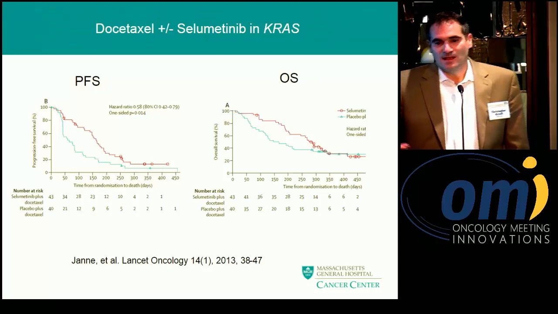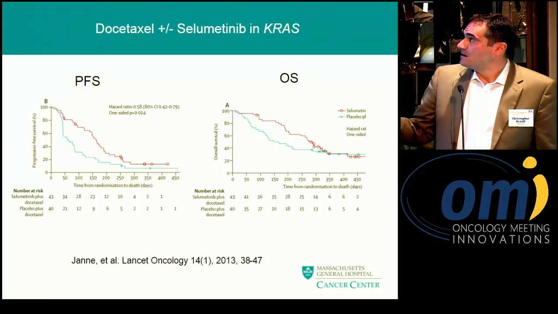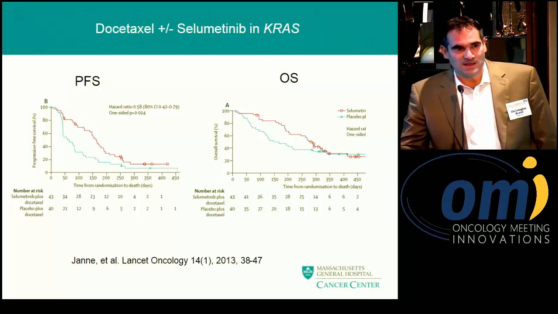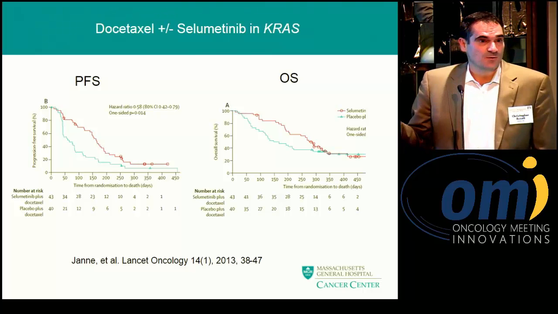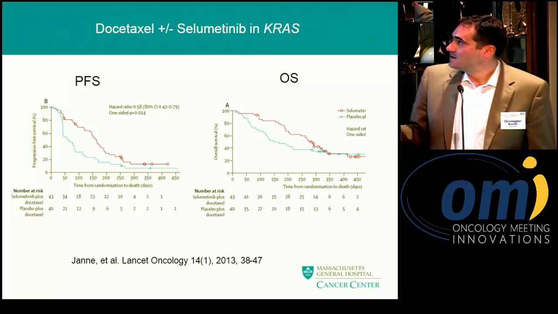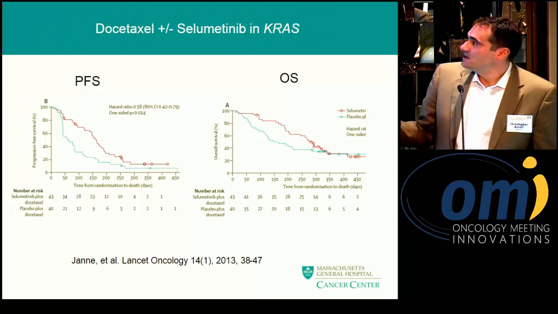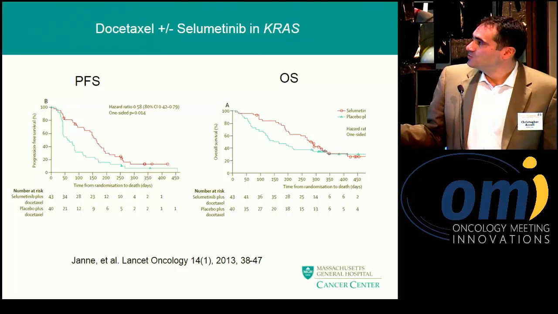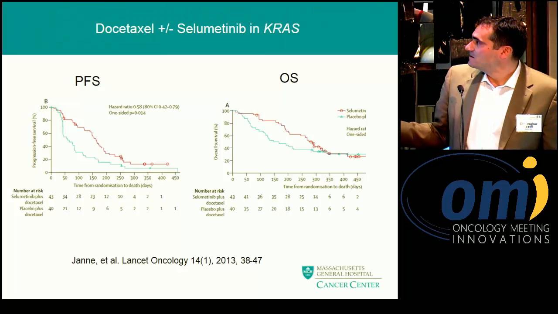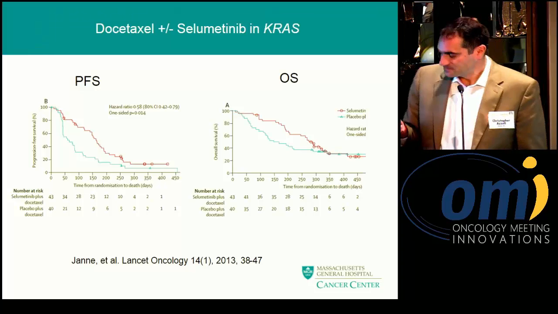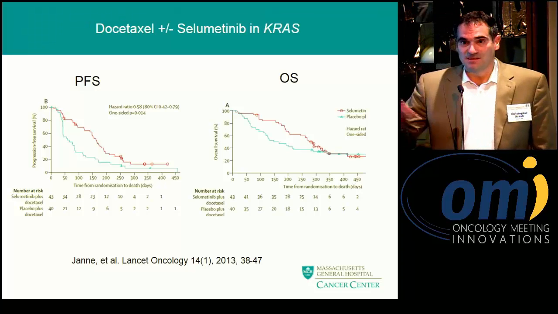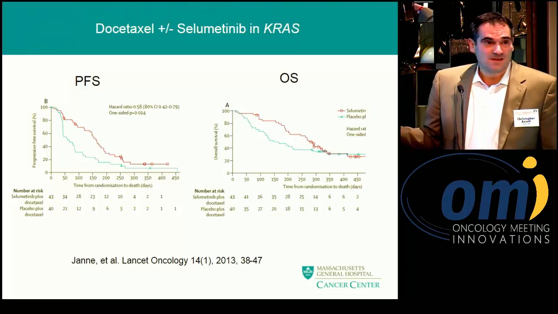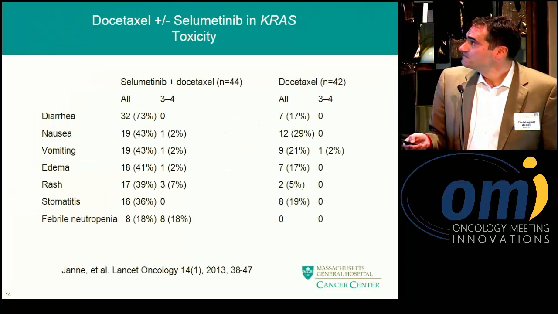And then if you block the KRAS path with a MEK inhibitor, you downregulate BCL-XL, and then the docetaxel works better. And so in a randomized phase 2 study, you see the addition of selumetinib to second-line docetaxel improved PFS, and the trend for OS was favorable. And so it's a good phase 3 concept, and the SELECT-1 trial just completed accrual, so we'll see whether this pans out in phase 3.